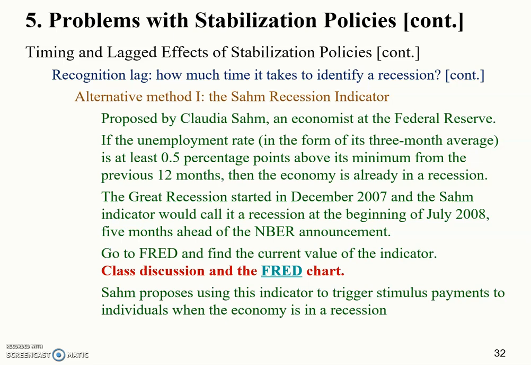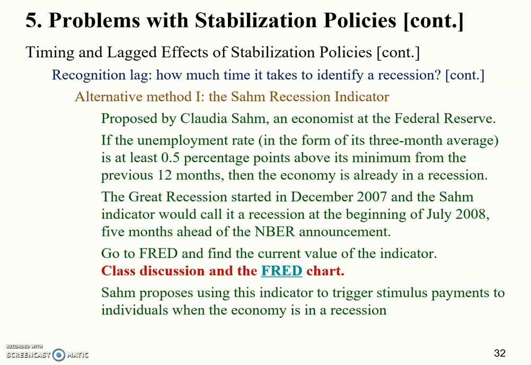Now, as you could imagine, based upon the definition or the way we figure out the value of the indicator, literally speaking, we could identify a recession only a month after it actually started.